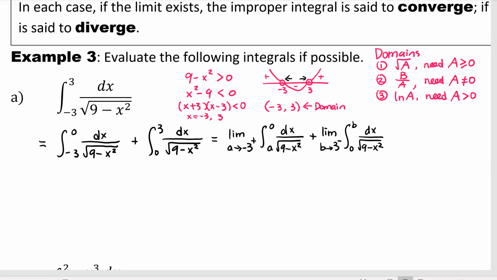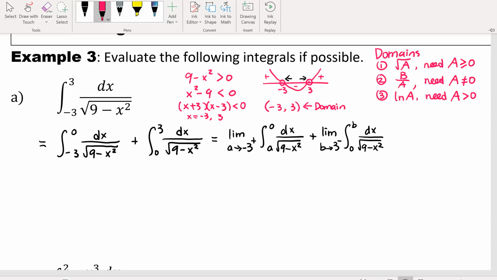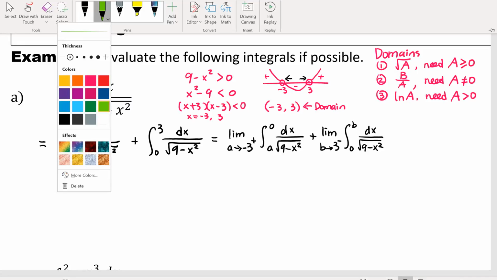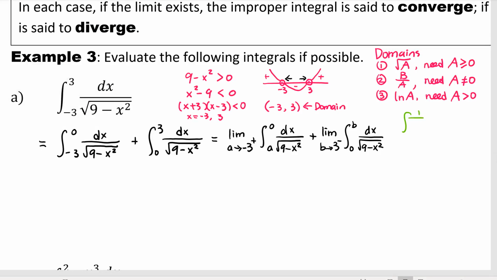Do you remember how to integrate this function? That is actually from the trig integrals. Here we don't need trig substitution because we have a formula for it. If you can remember, the integral of dx over square root of a squared minus x squared is arcsine of x over a plus c.